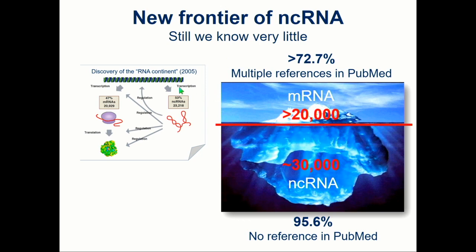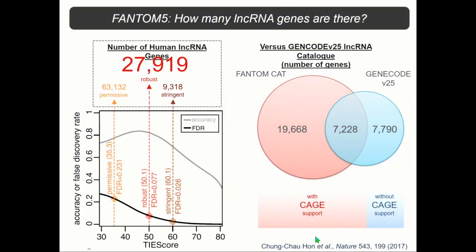So I mentioned the 2005 data, and just to mention our current estimate that was published last year. By analyzing the genes in FANTOM 5, where we have all the CAGE libraries from 100 primary cells, and in total about 3,000 human libraries, by putting together transcripts that have very clear CAGE peaks, we identify the promoter.